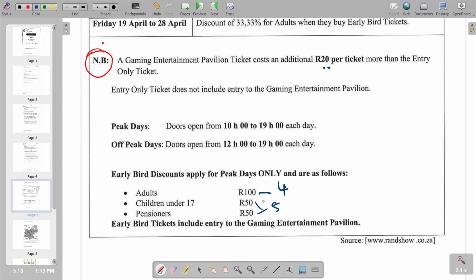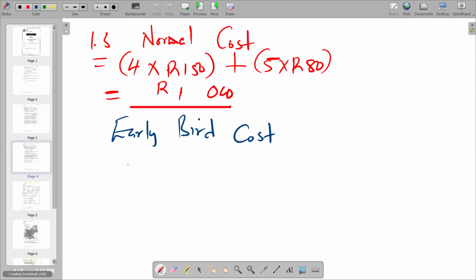So 4 times 100, and then the answer that we get, we add to 5 times 50. As simple as that. That's how we're going to calculate that one. So we come back here again and say 4 times 100, and then the answer that we get, we add it to 5 times 50.